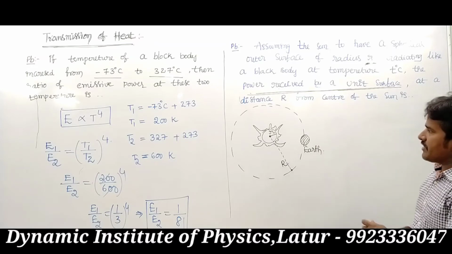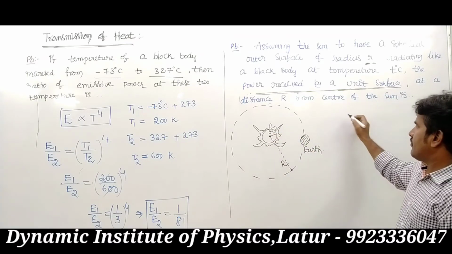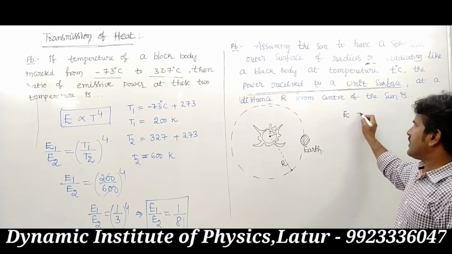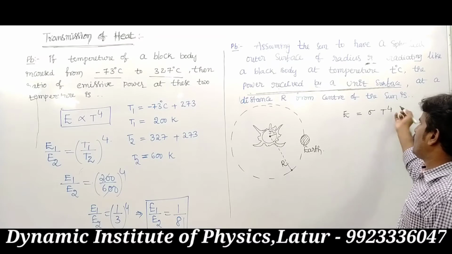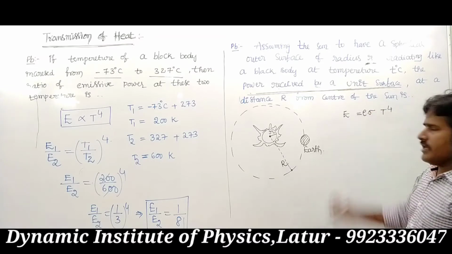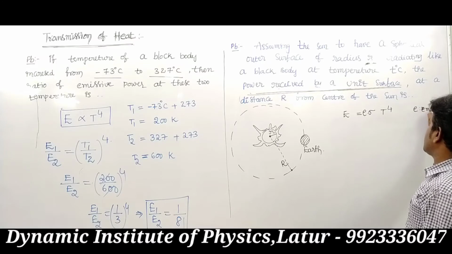The sun is a big black body, so its emissive power is written as sigma into T power 4. Here E indicates emissivity.